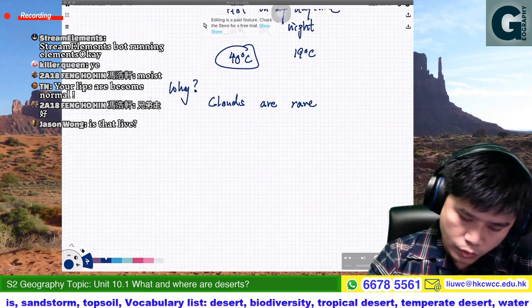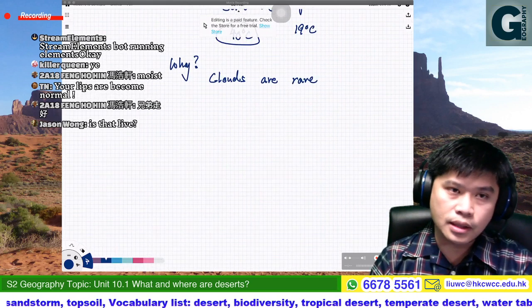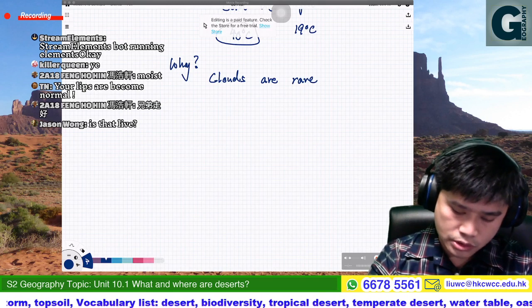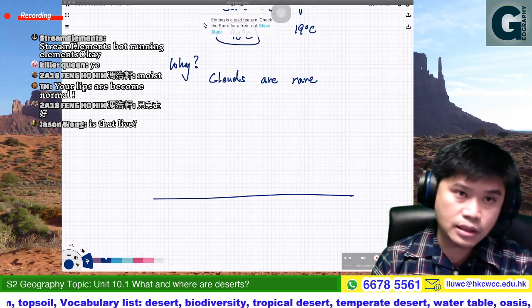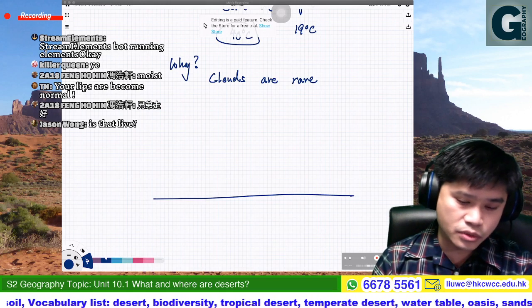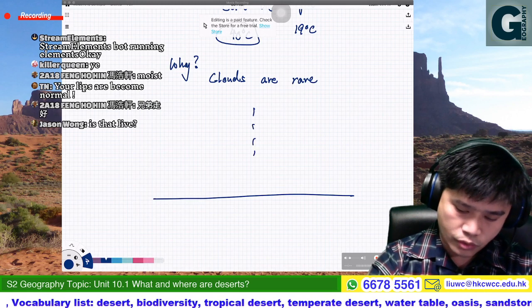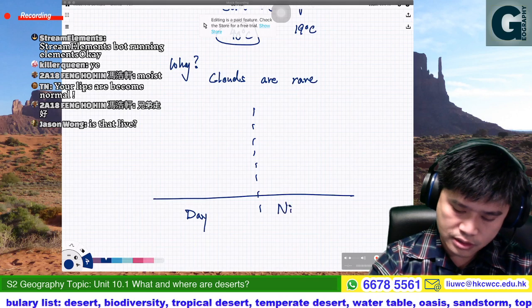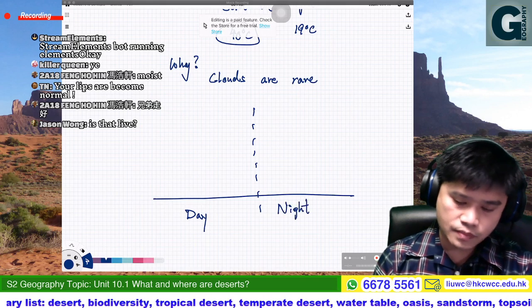So what would be the implication? What would be the explanation for that? It is like the cartoon, like Figure 6 in your textbook, showing daytime and nighttime.